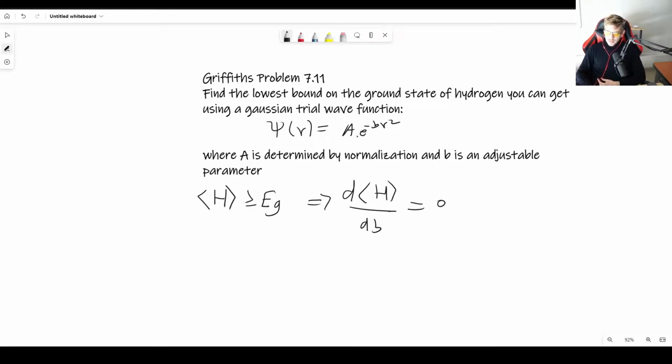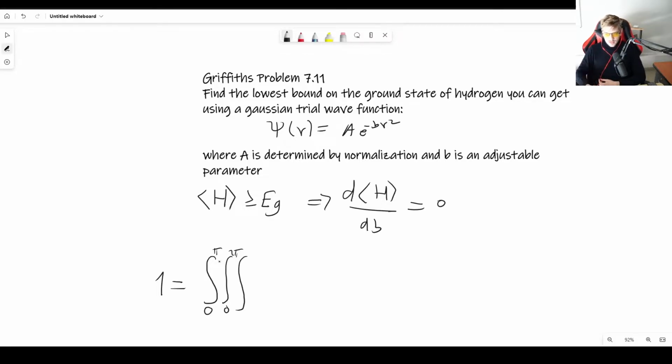So let's begin by normalizing this wave function. So 1 is going to be equal to the integral over all of space, and we are in hydrogen, so it's going to be a spherical integration over spherical coordinates. So we have to go from 0 to pi in theta, 0 to 2 pi in phi. Sorry, the other way around. It depends what you call them.